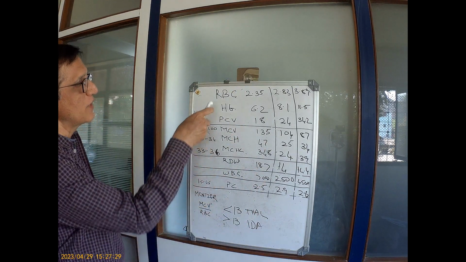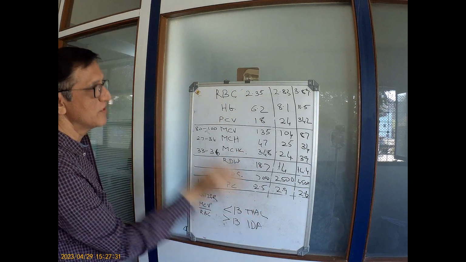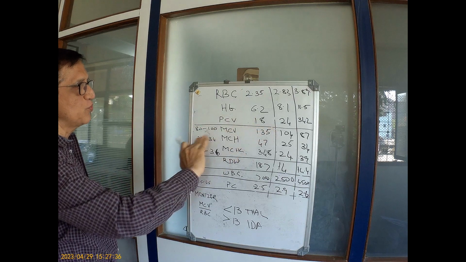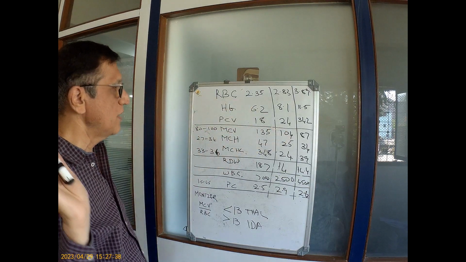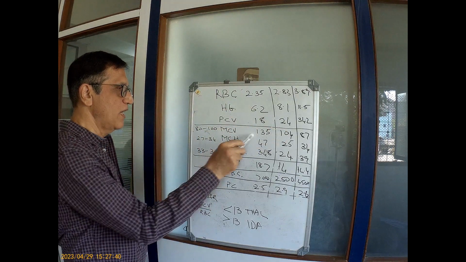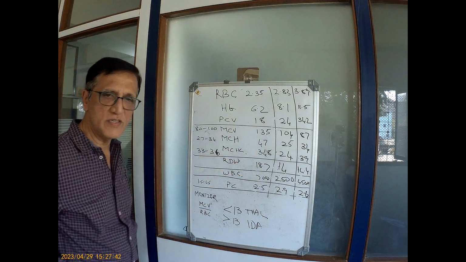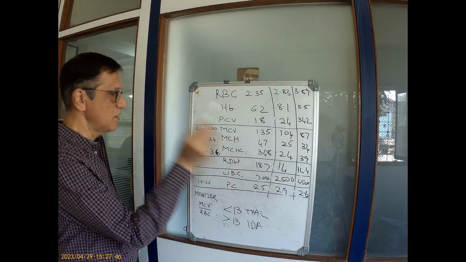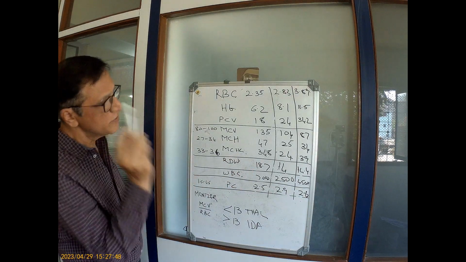Okay, so now. First, RBC 2.35, definitely low, hemoglobin low, 6.2, packed cell volume low, 18. Alright, now what do we have here? MCV 135 raised, MCH 47 raised, MCHC is 34.8, which is in the normal range.